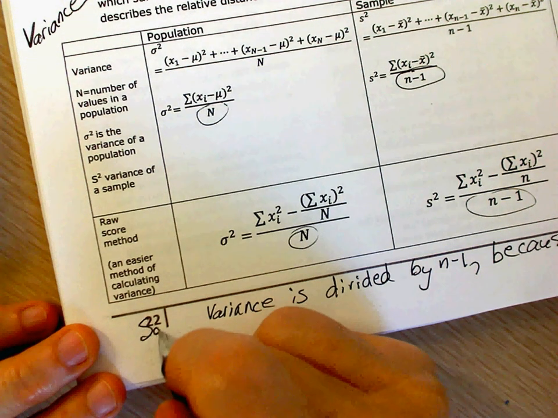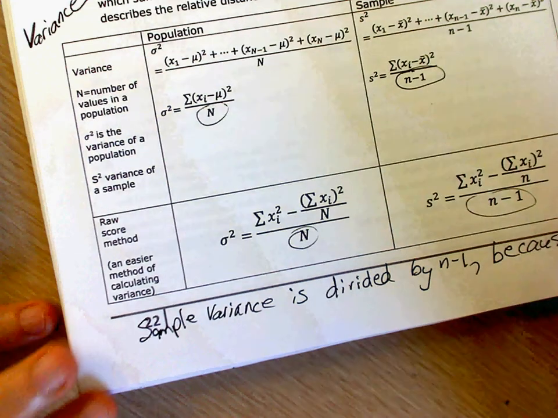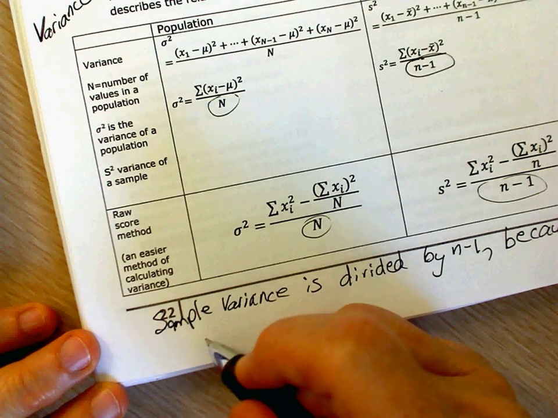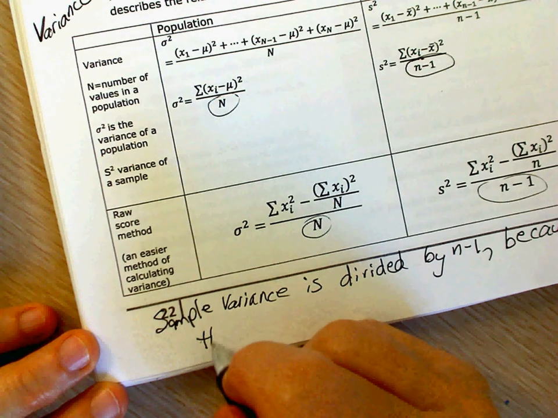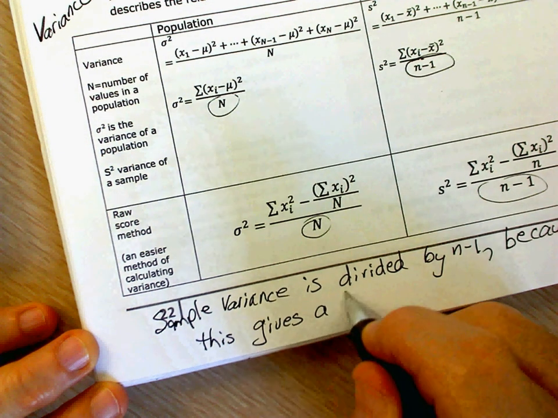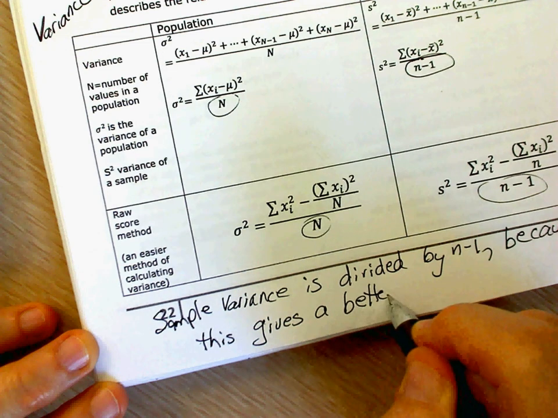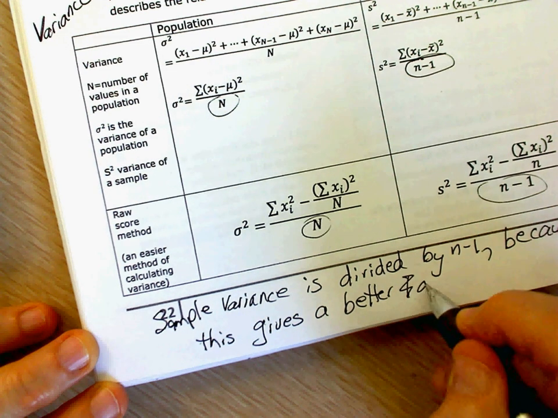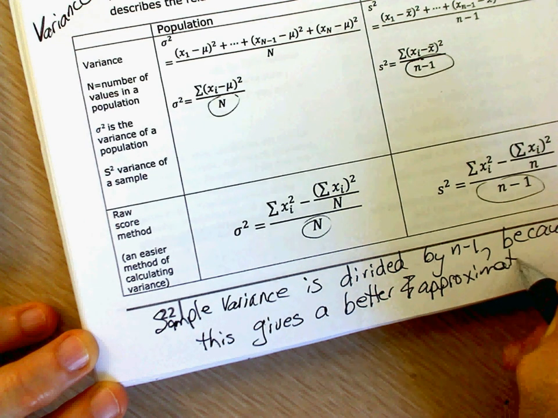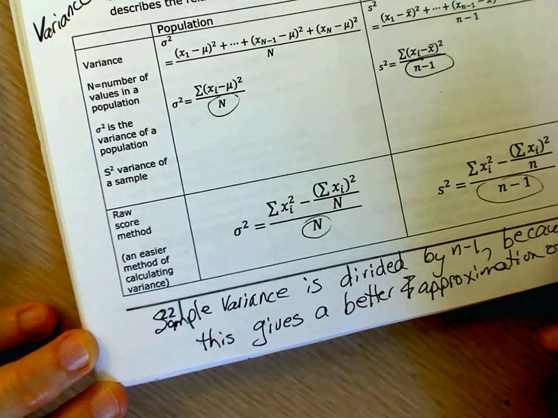Sample variance is divided by n minus 1 because this gives us a better approximation of the population variance.